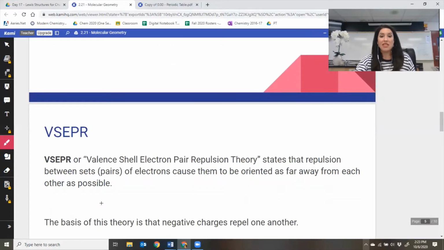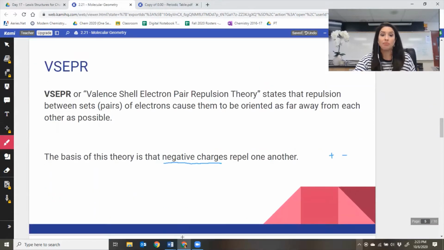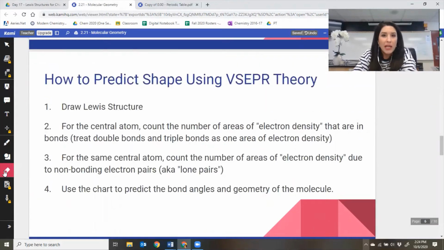The basis of this theory is that this idea that negative charges repel one another and positive and negative charges, as you know, attract one another. Opposite charges attract, but same charges, in this case 2 negative charges, will be repulsive to one another. So like anything, using the VSEPR theory requires us to follow a procedure.